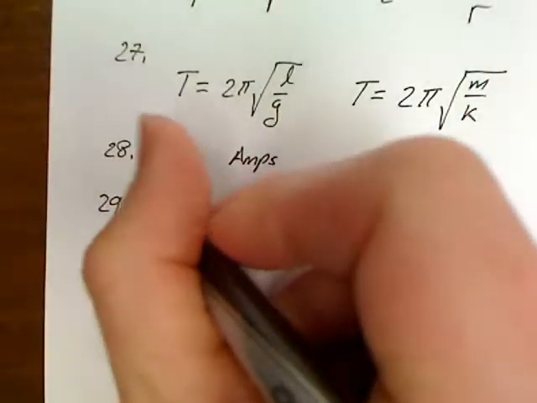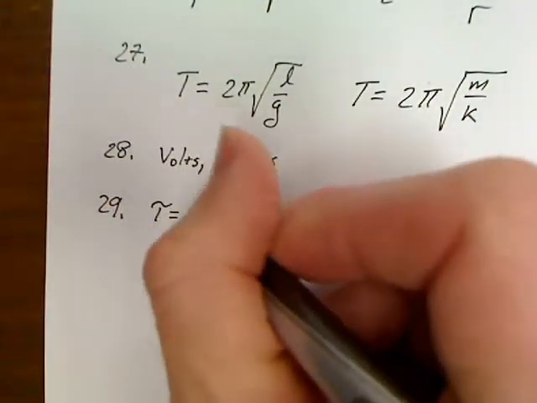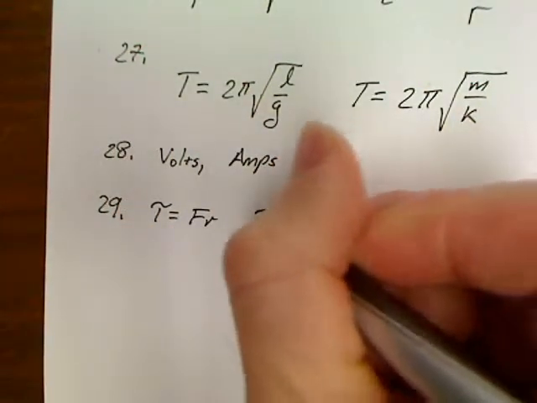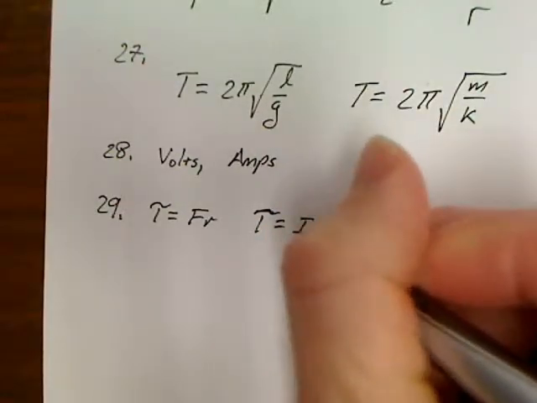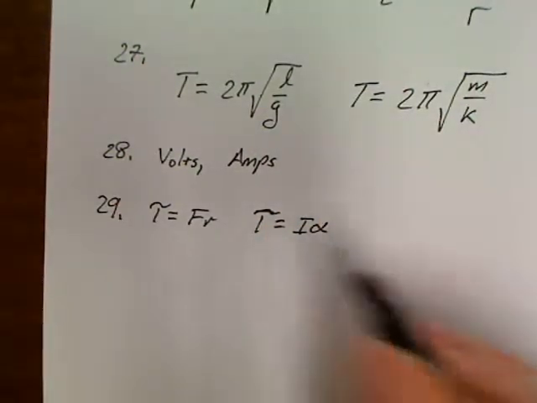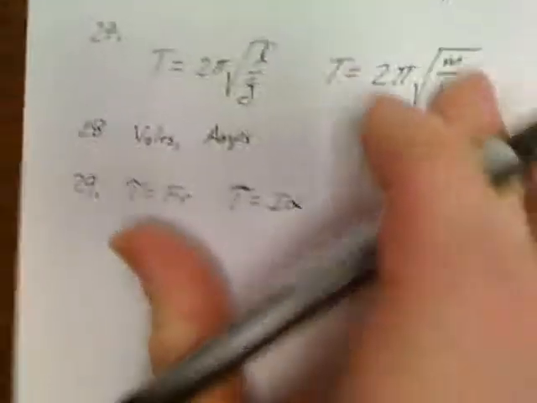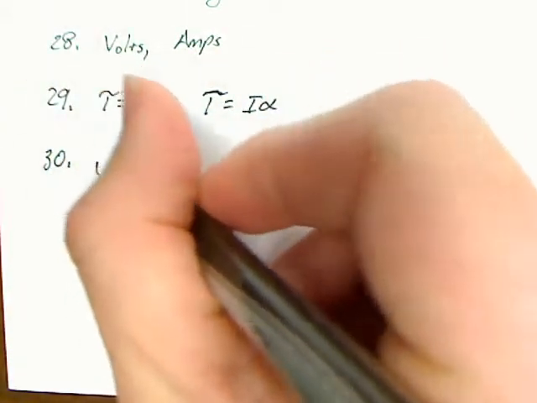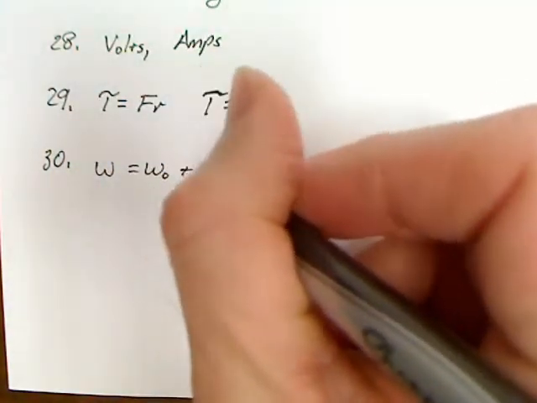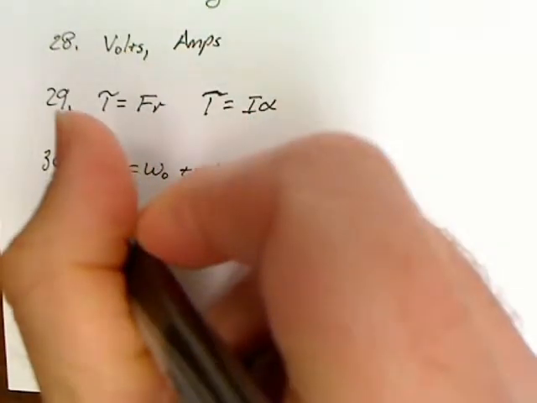29. Torque is either equal to a force times the radius, or torque can be equal to I alpha. A lot of people forgot that second I alpha one. 30. Rotational kinematics, omega equals omega 0 plus alpha t.